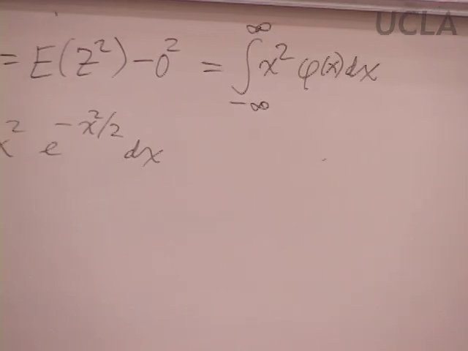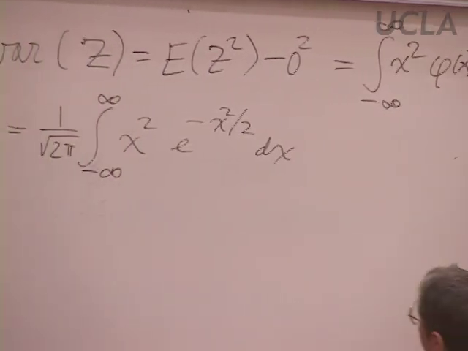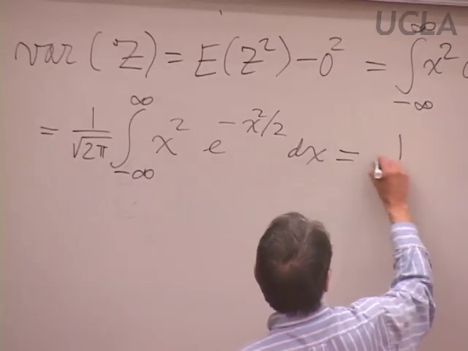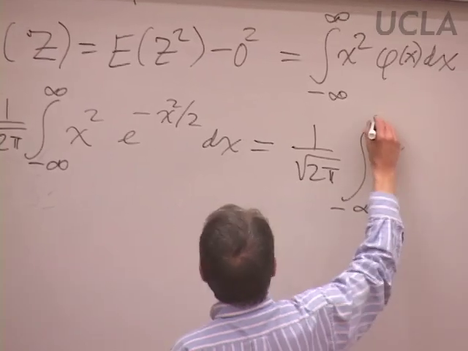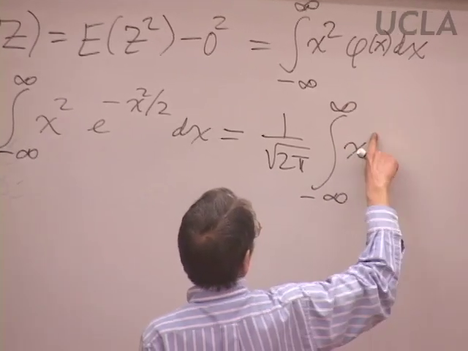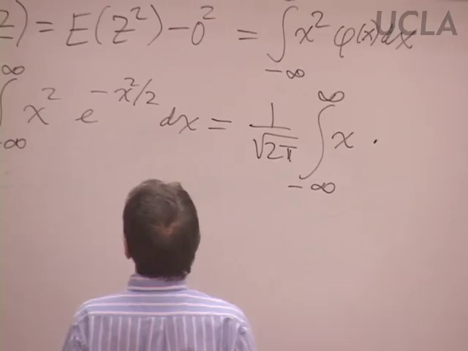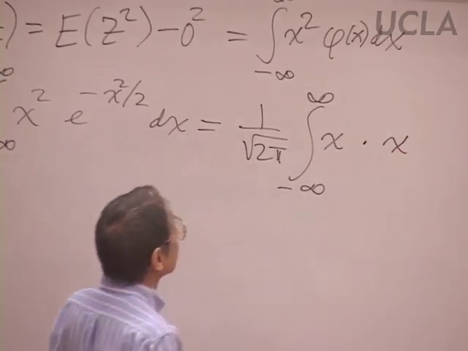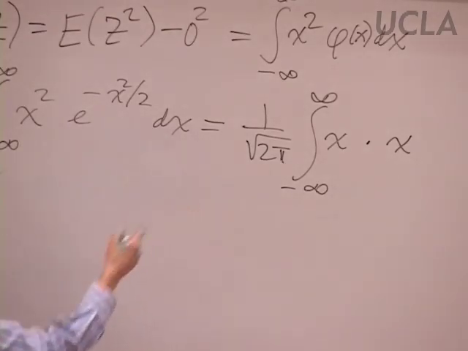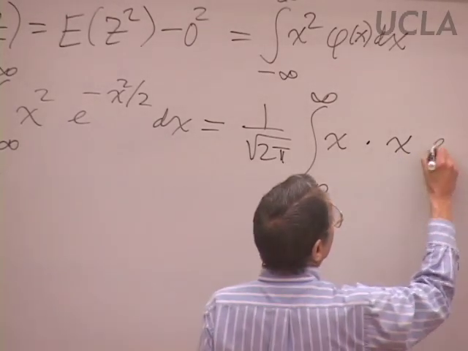And here's the plan. We'll do integration by parts. That x squared, x times x. So I'm going to write it like that.